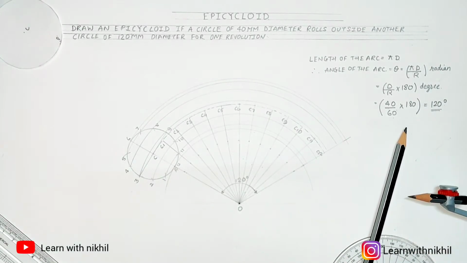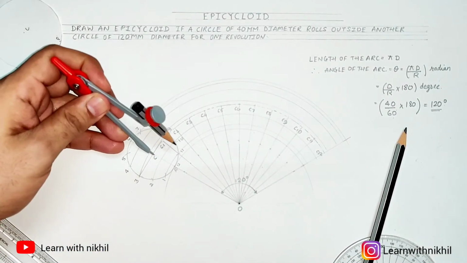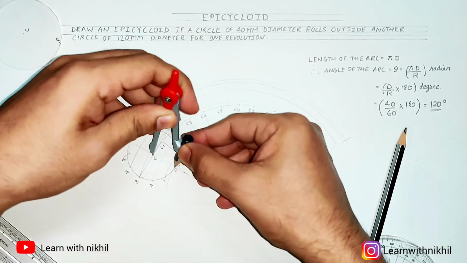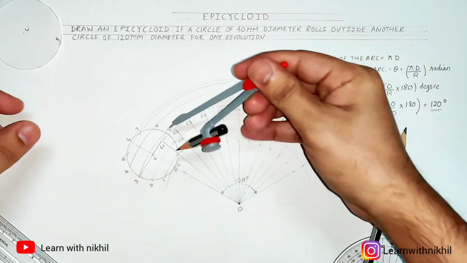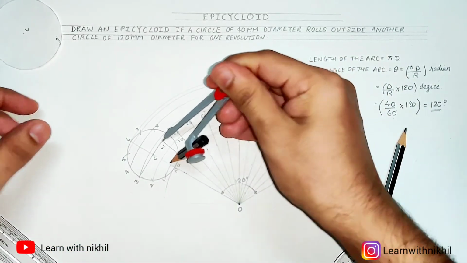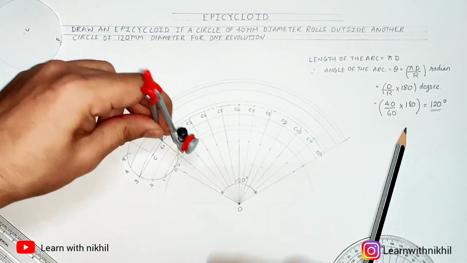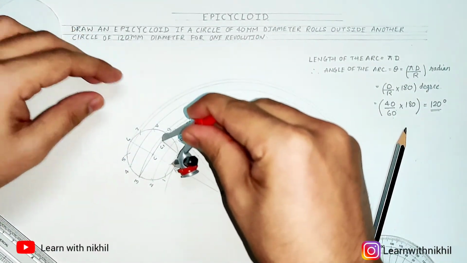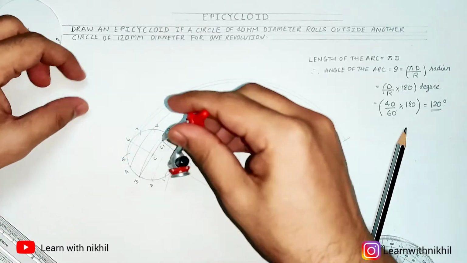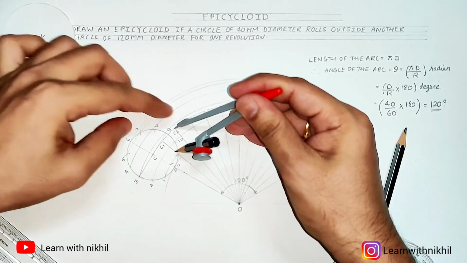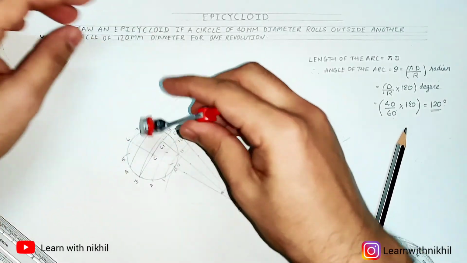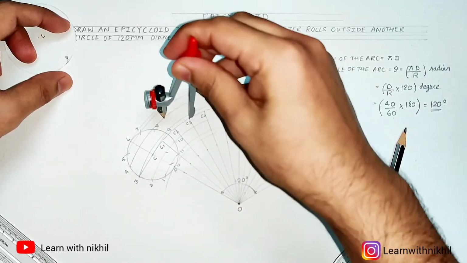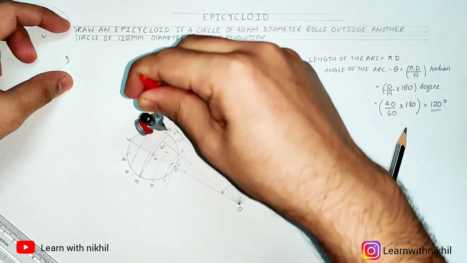Now further, take the radius on the compass and keep it on C. This will be the first point, that is P. Now we have to mark the points accordingly. As the center moves to C1, the point P will move on the first line. We will mark the arc on the first line. When the center is at C2, we will mark the P point on the second curve. When the center is at C3, we will mark it on the third curve.